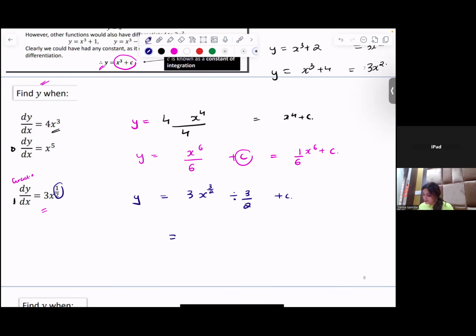I always use this form rather than writing it down because it becomes easier for me. When you divide by a fraction, it is multiplication by the reciprocal. So it becomes 2x raised to 3 by 2 plus c. Do not forget to add the constant whenever you're going from the derivative, from the gradient, to the function, and the function gives you the area under the curve.